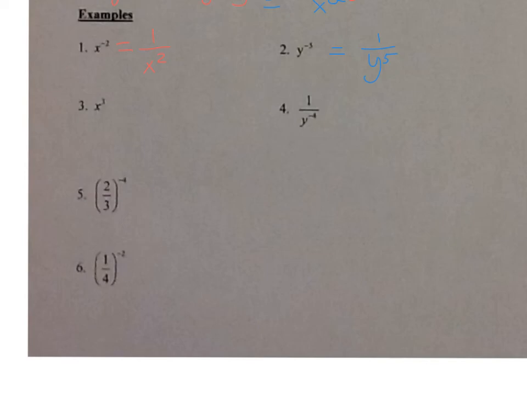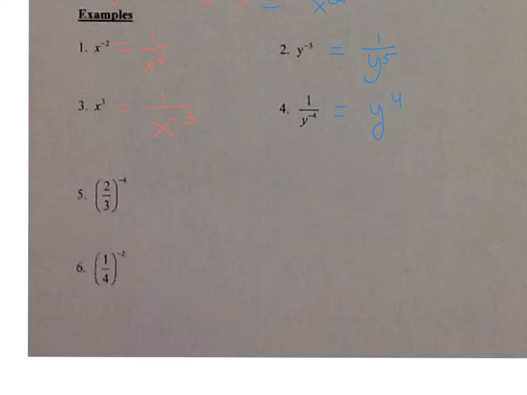Now, let's say I want to take x to the 3rd power and put it into the denominator. This would be equal to 1 over x to the negative 3 power. And 1 over y to the negative 4th power would become y to the positive 4th power.